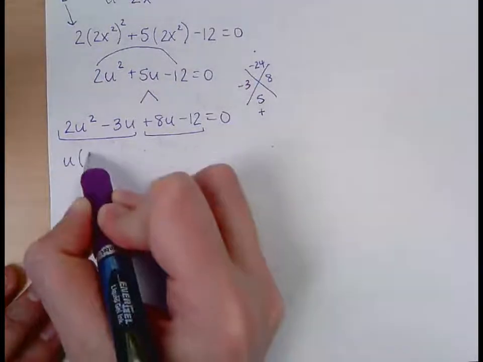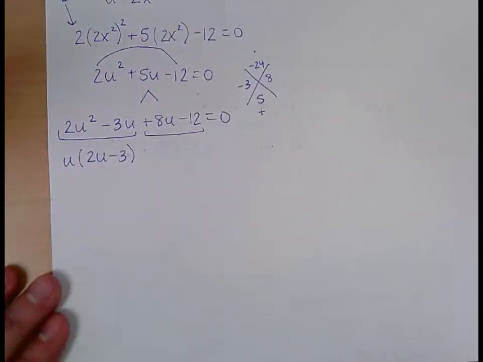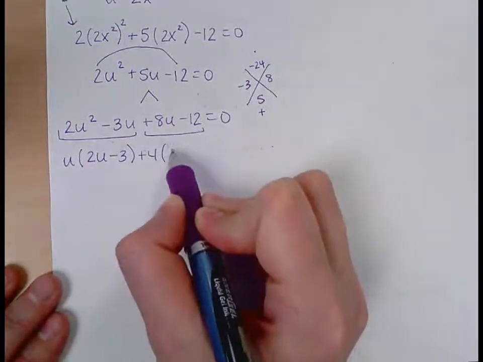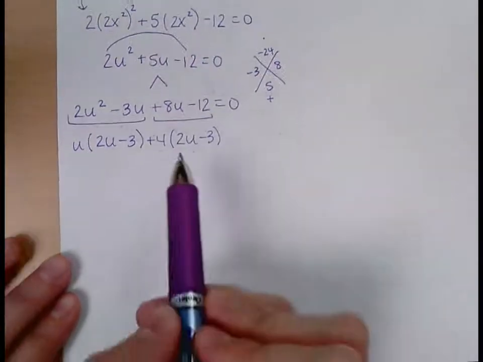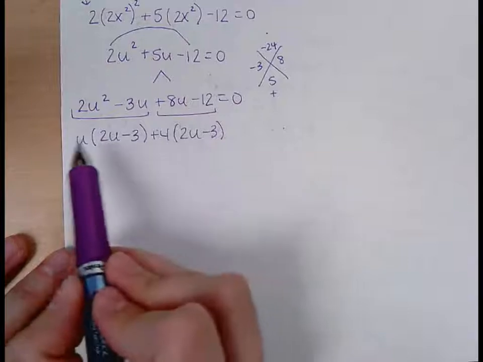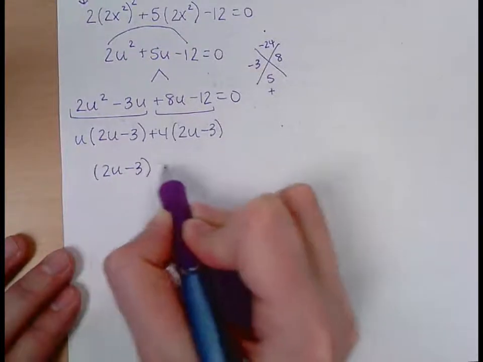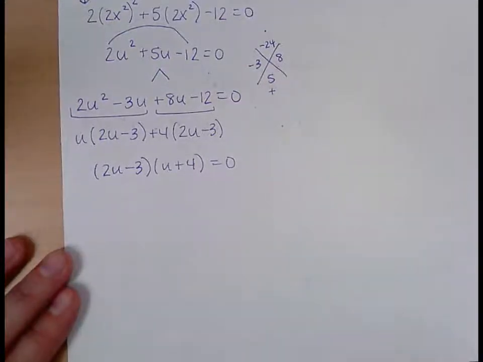If I factor that out, I have 2u minus 3. And then 8u minus 12, they have a 4 in common, positive 4. Factor that out, and I'll have 2u minus 3. I'm going to leave off the equals 0 for right now. So fully factored, I have 2u minus 3 times u plus 4 equal to 0.